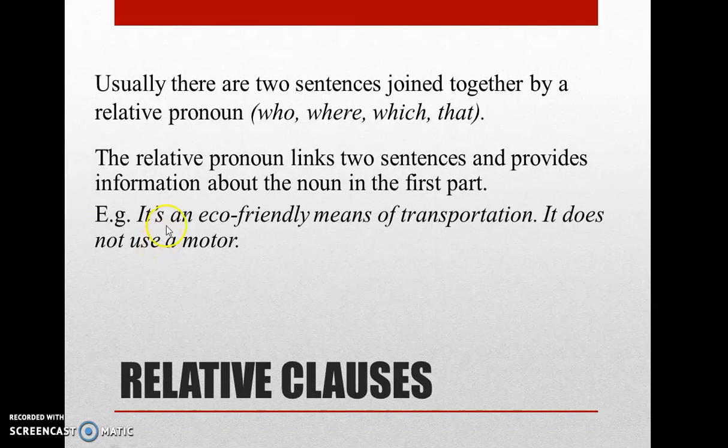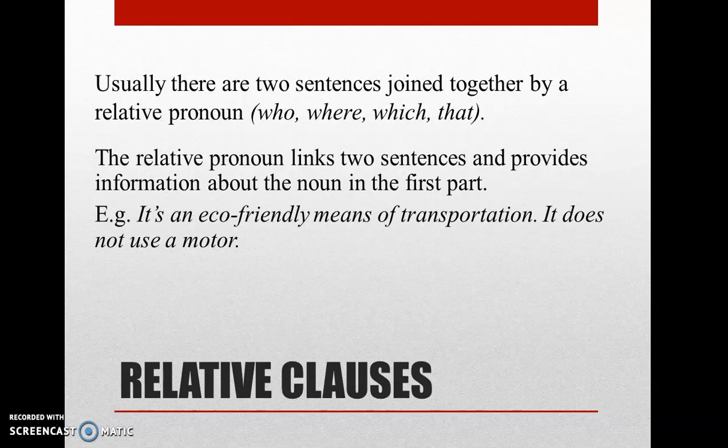Okay, the example, we have two sentences right here. It's an eco-friendly means of transportation. It does not use a motor, okay? So with a relative clause, we are going to join these two sentences into just one whole sentence, okay? So what can you think about this situation?